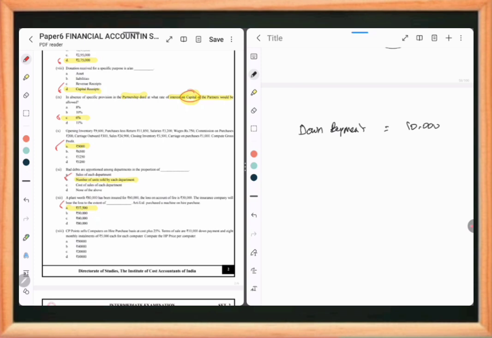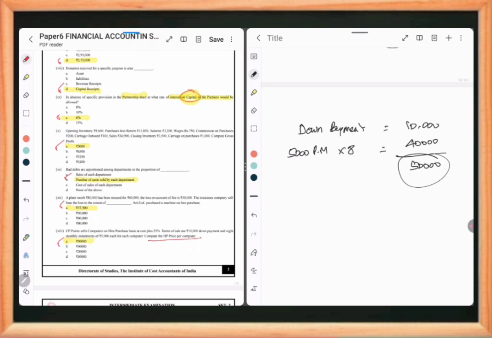Apart from that, we have to pay monthly 5,000 rupees per month, for 8 months, that is 8 installments. The total installments, 5,000 into 8, is 40,000 rupees. So 50,000 will be the hire purchase price per computer. So answer A is the correct answer.